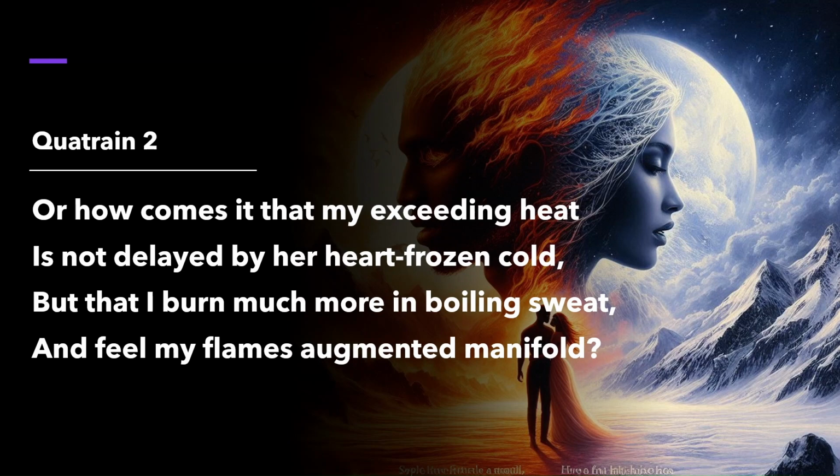Second quatrain, why am I still so hot? If there's more cold than there is fire, if there's a big snowstorm, but there's only a little tiny fire, it would put out the fire, right? He's saying, well, okay, if she's so cold, why am I not made cold too?